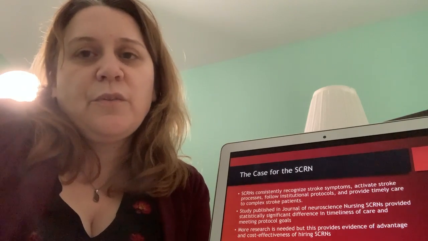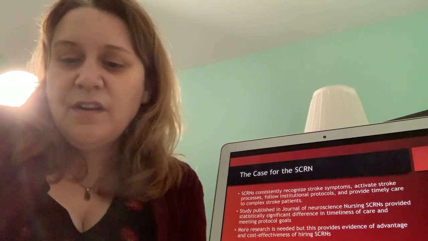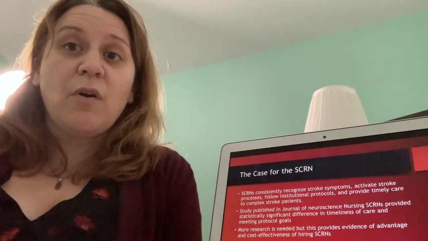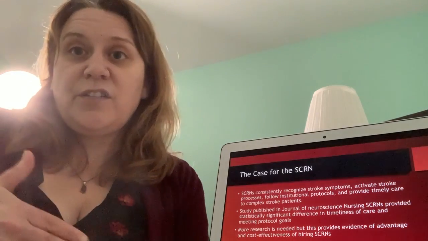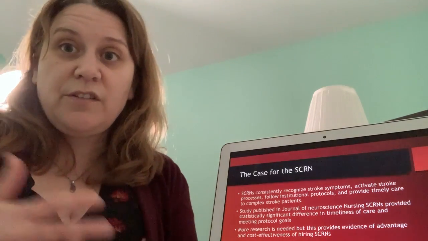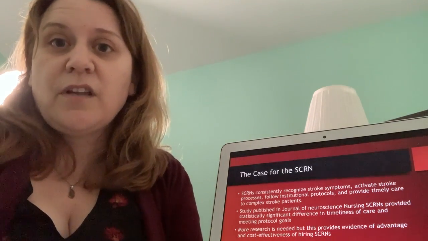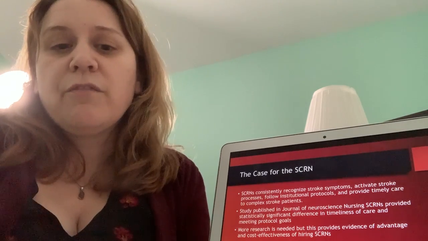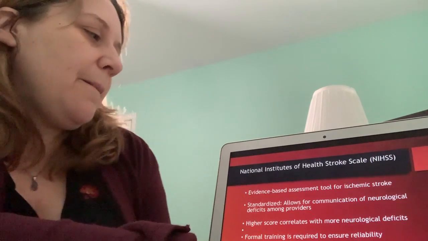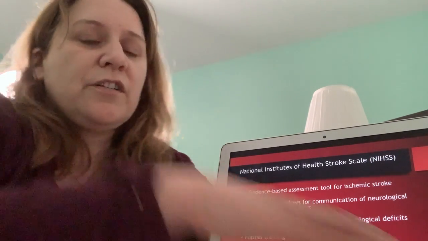It's definitely a field where more research is needed. And as the specialty grows and SCRNs are used in these acute stroke settings, hopefully that body of research can develop.